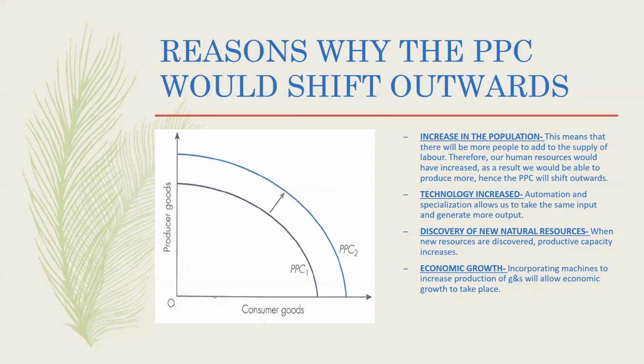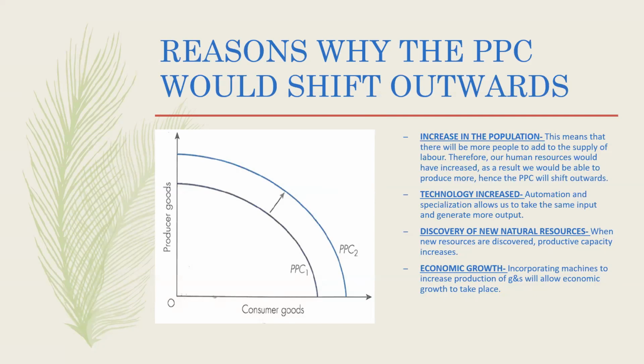When there's added people in an economy, we will have to accommodate satisfying so much more needs. So we will have to put out more resources to actually increase our production possibility curve.